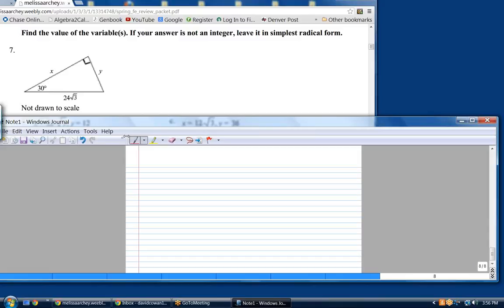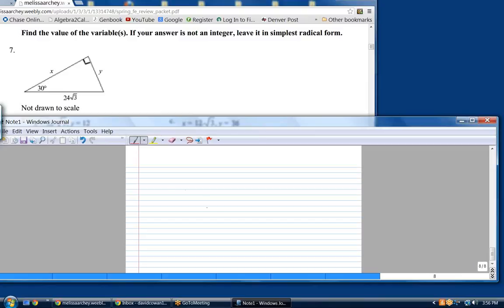Okay, so it would be SOHCAHTOA. So if you draw that right triangle again, let's look at this triangle here. We're trying to solve for x and y. We can do it in 2 steps. Okay, so what trig function would relate one of the variables we're trying to solve for and one of the numbers that we know?